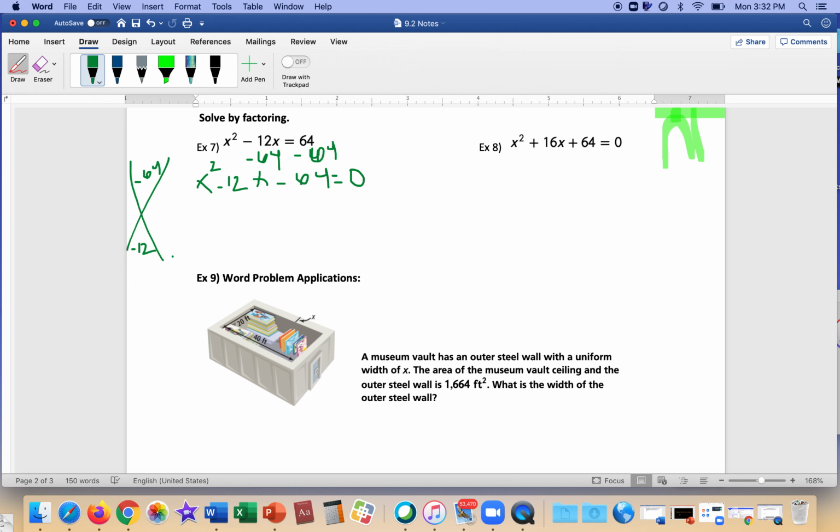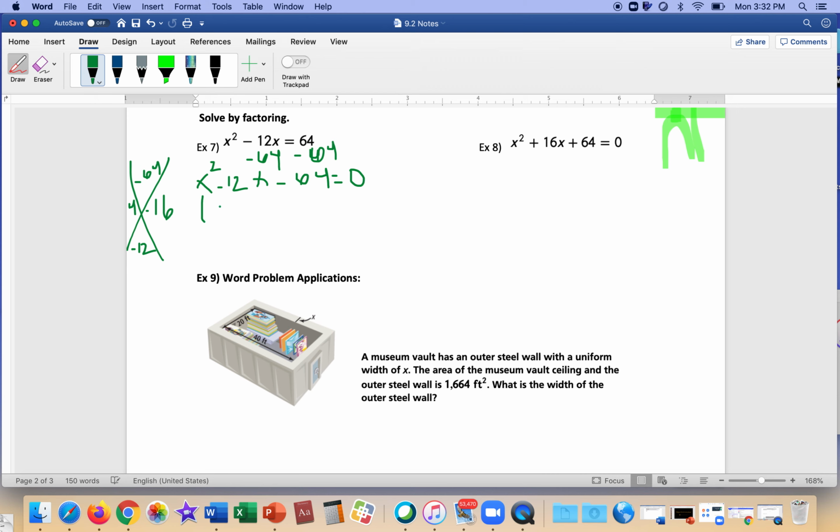Let's see, we could have what values? We could have 16 and 4. And if it has to add to negative 12, it's going to be negative 16.